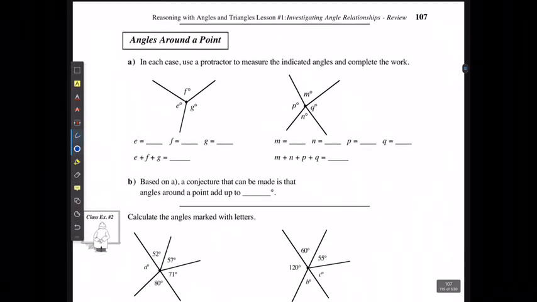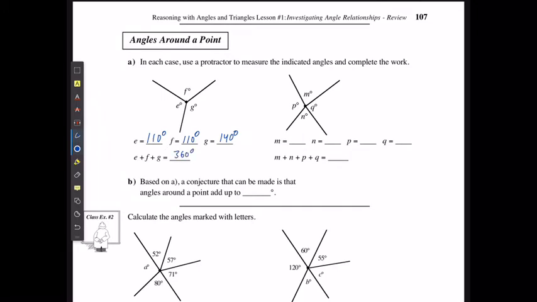Alright, if I have the angles going around a point, I'm just going to give you these angles again. E is 110, F is 110, and G is 140. When I combine all of them, I'm going to get 360 degrees. M is 80 degrees, N is 78 degrees, P is 112 degrees, Q is 90 degrees.